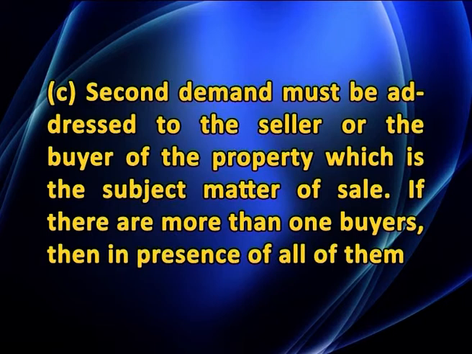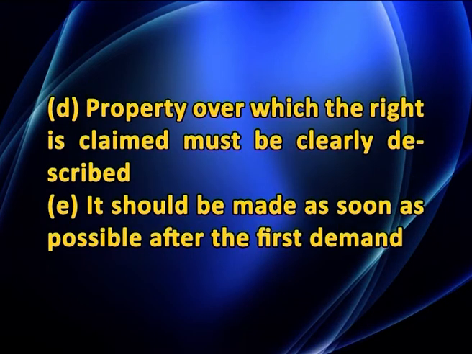If there is more than one buyer, then the demand must be made in the presence of all the buyers. D, the property over which the right is claimed must be clearly described. And E, it should be made as soon as possible after the first demand.